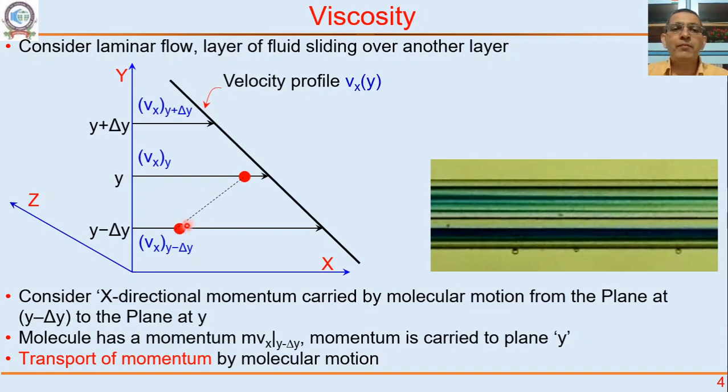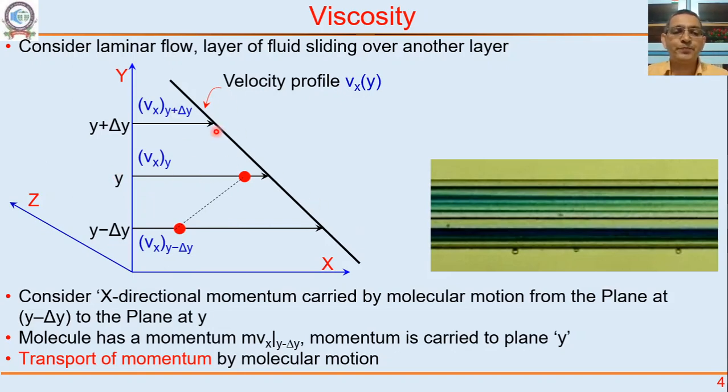So what we are going to look at is how much momentum this molecule is carrying here, which is over and above the momentum that was originally at this location. If m is the mass of the molecule, this molecule has a momentum in the x direction. Momentum is a vector, so we are talking about momentum in the x direction caused by this fan, which is causing this velocity profile.